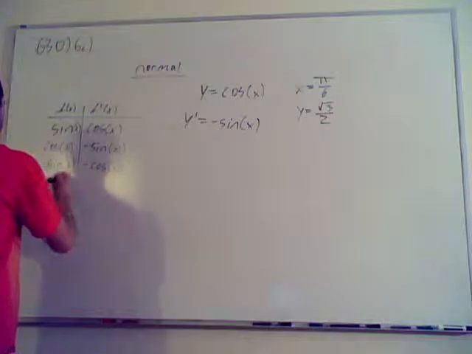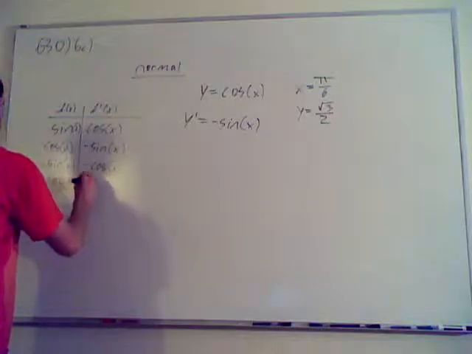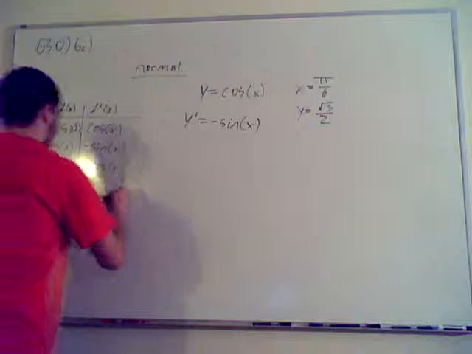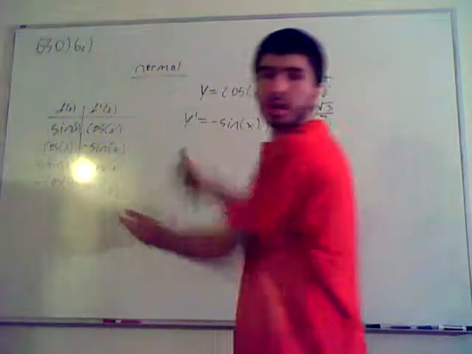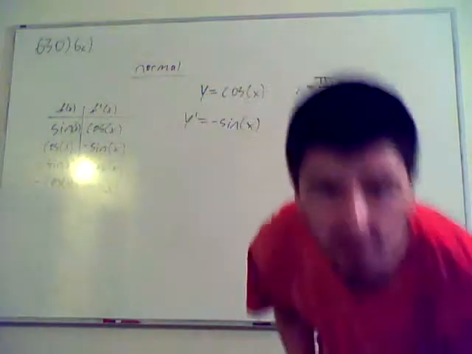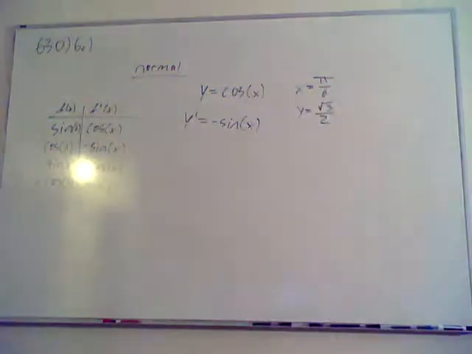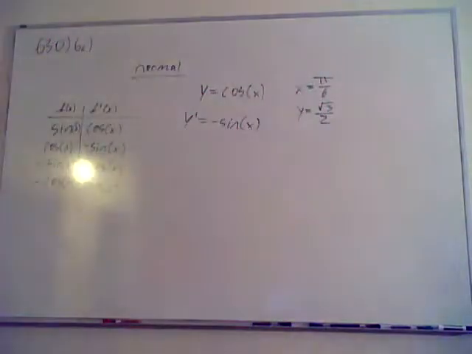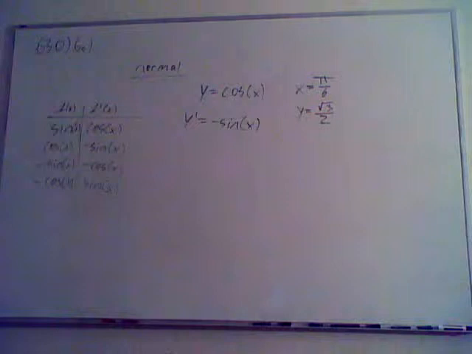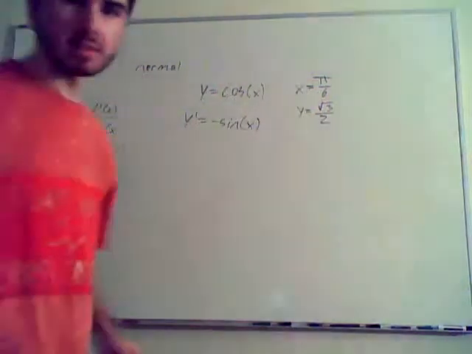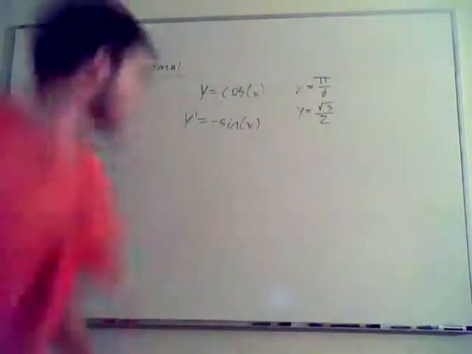Negative cosine of x turns into sine of x. Jot this down if you want. The light is kind of blurring it. Let me see which light it is. Excellent, you can see it.